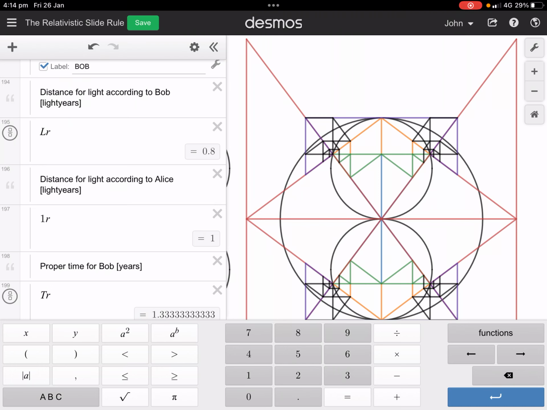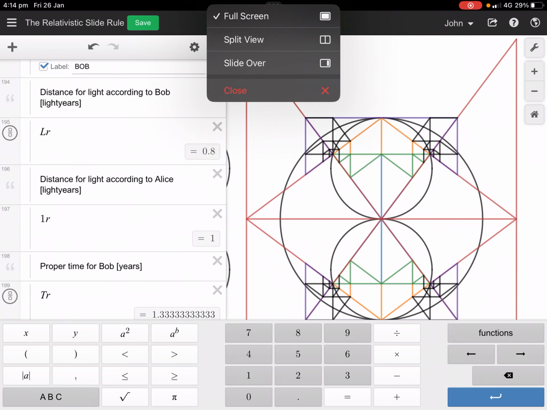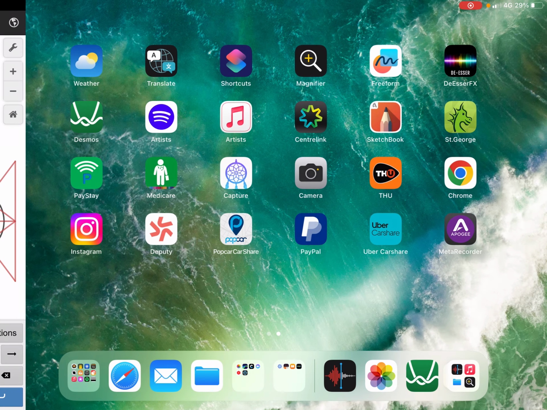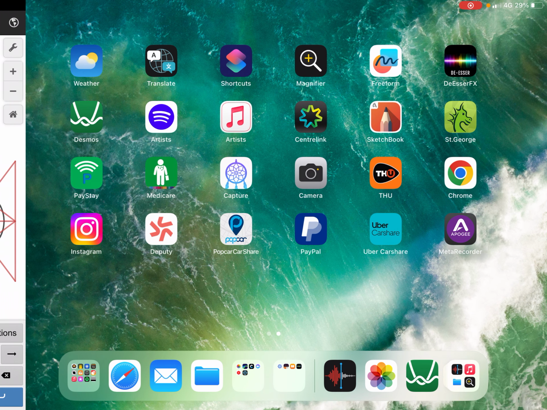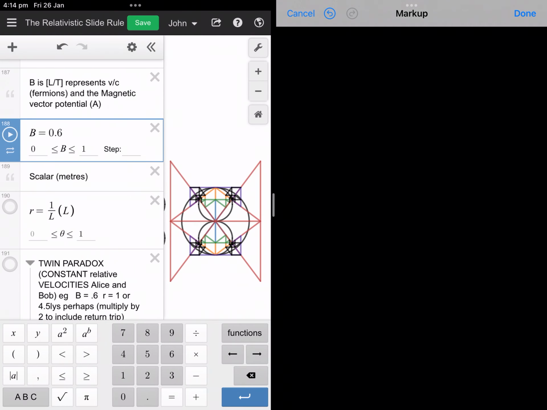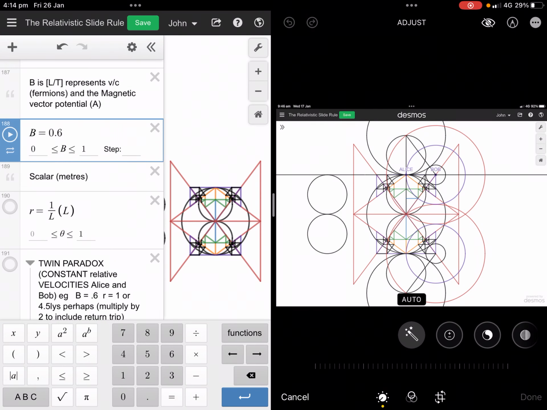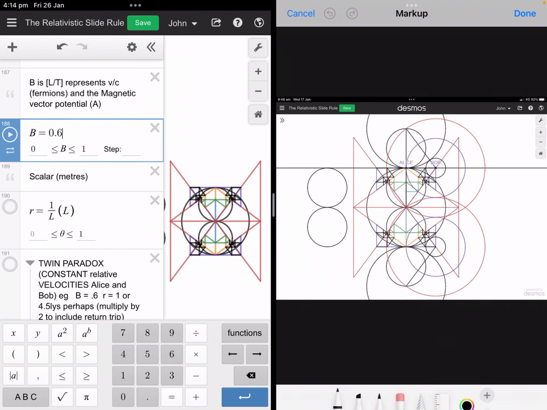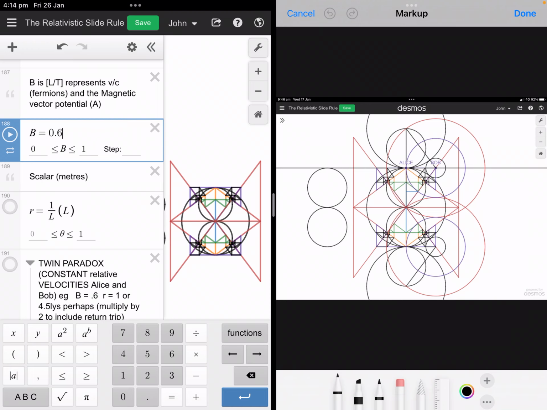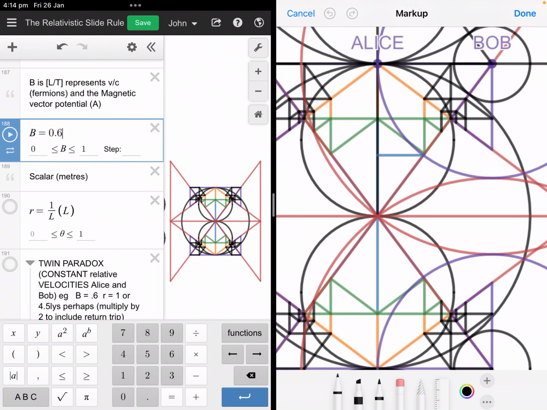and I'm going to have to split the screen and get something that I can draw on. That'll do. So where are these things?